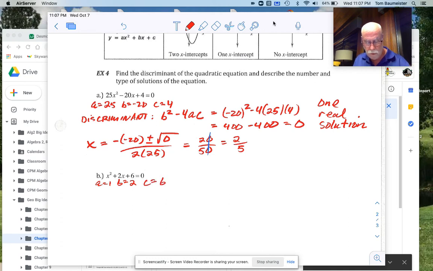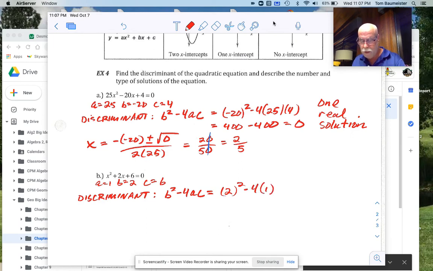So again, if we do our discriminant, again, I'll write it down for you, b squared minus 4ac. So in this case, it's going to be 2 squared minus 4 times 1 times 6.